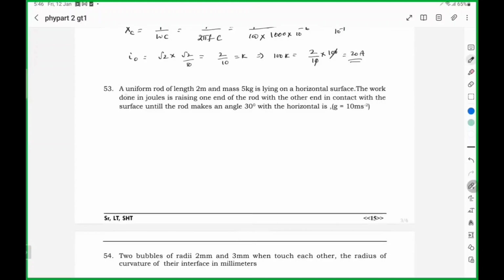So here, a uniform rod of length 2 meters lying on a horizontal surface.